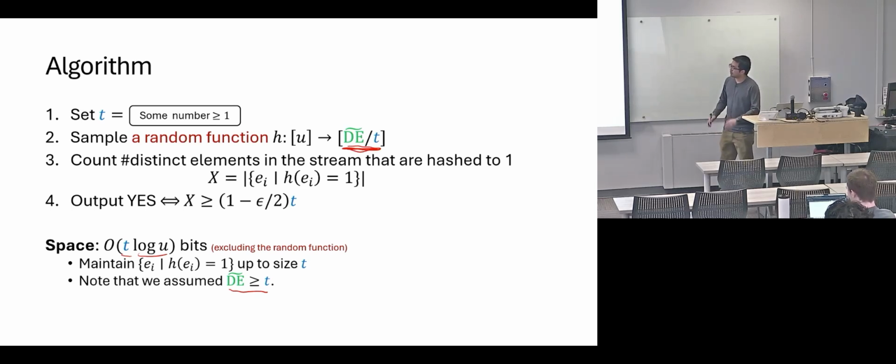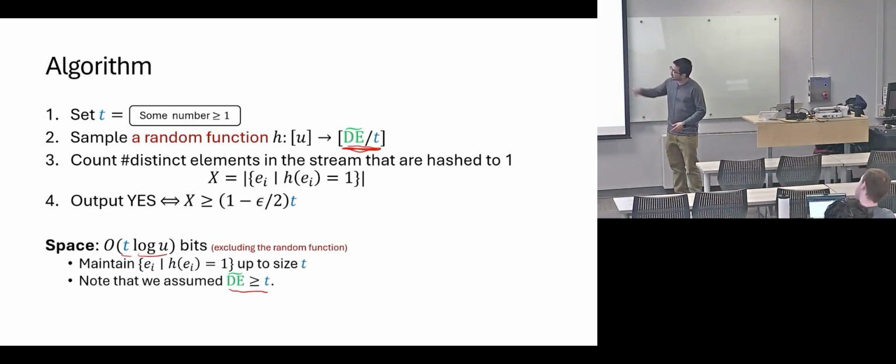I claim that if DE tilde is less than T, then you can still take T log U bits. Why is that? It's going to be trivial actually. You have some threshold and you just want to spend space that is linear in the threshold.